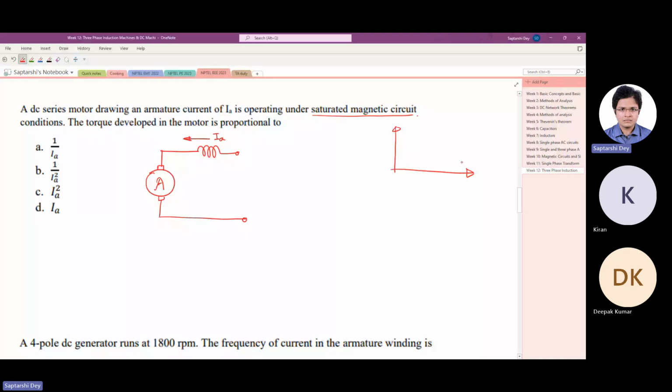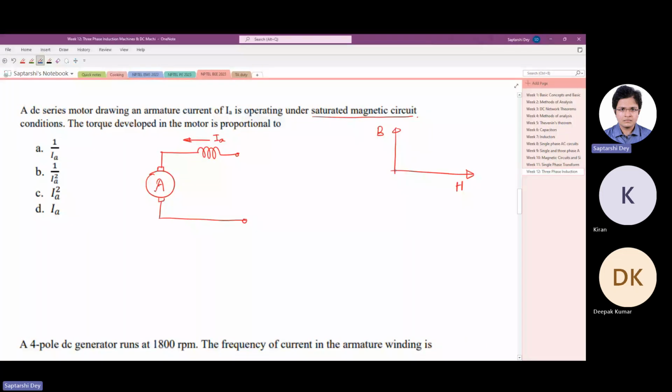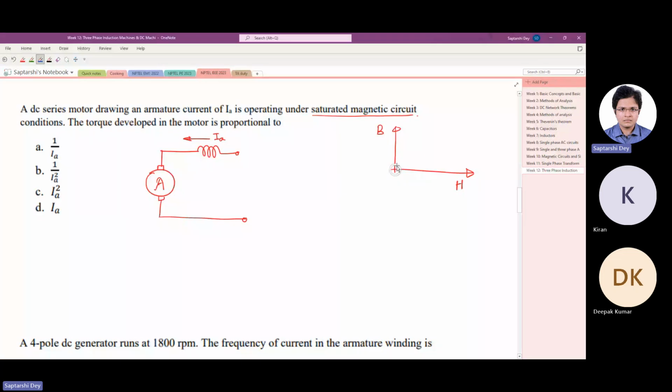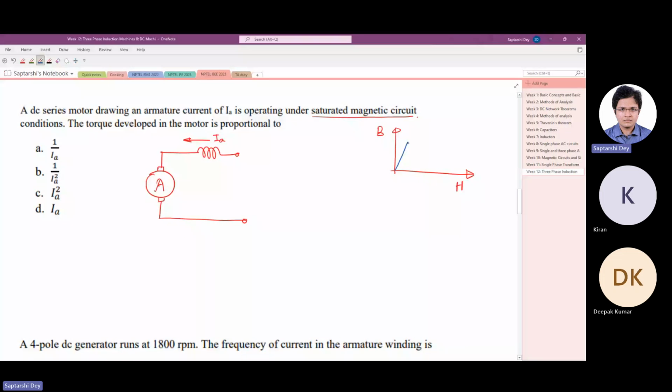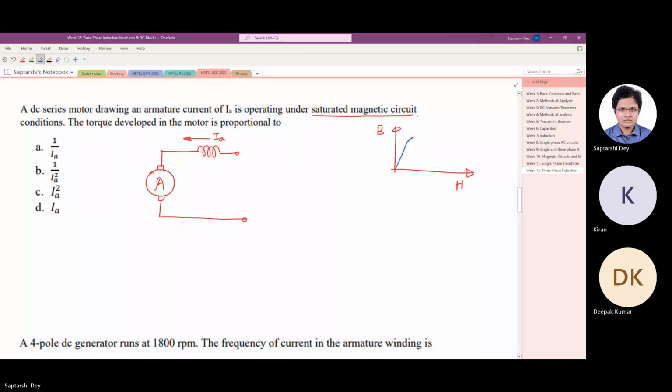Now this is the BH curve. We discussed this in the last to last class when we were discussing magnetic circuits, that the BH curve of any magnetic material is practically a straight line or linear until a certain value, beyond which it starts saturating, and it becomes like this.